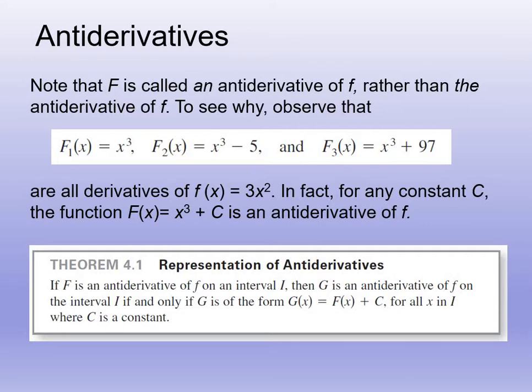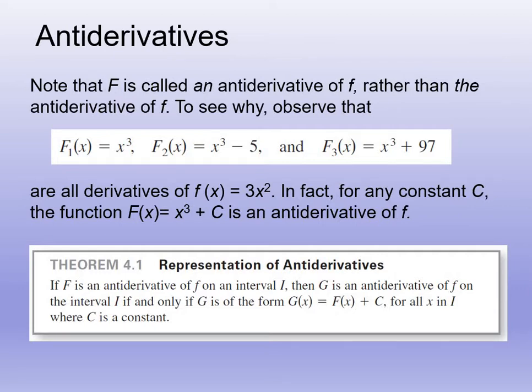We don't know what that constant was, because if I gave you the equation and said, take the derivative of x squared plus 10, you would tell me that it's just 2x plus 0, because the derivative of 10 is 0. However, since we don't know when we're going the other direction, when I tell you an antiderivative, you don't know if that 0 was a plus 10, a plus 2, a minus 5, a minus 15.